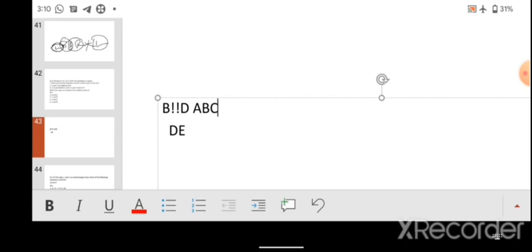It might be ABC or it could also be CBA. We don't know that. But A and C are adjacent to B. It is given.